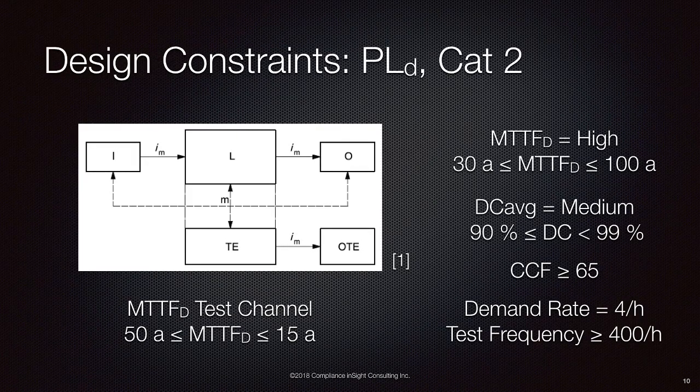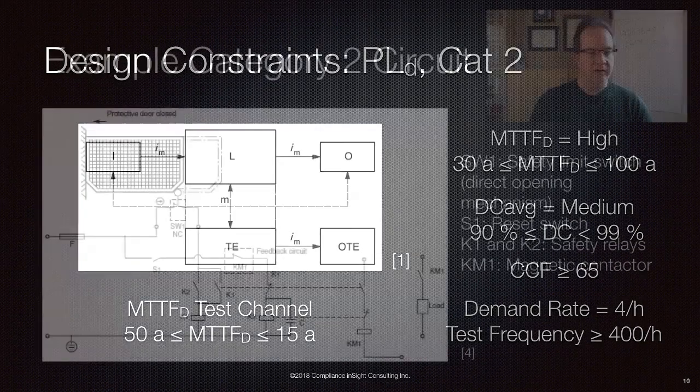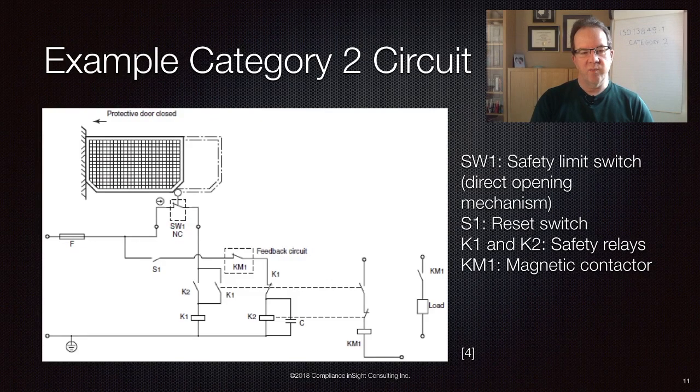There's no monitoring on the input. We do have monitoring in the output device. So the O is effectively monitored, so that's good to go. And of course, the test equipment is only the auxiliary contact for KM1, so we're not testing anything beyond that. We do have some testing from the point of view of the interaction between K1 and K2.